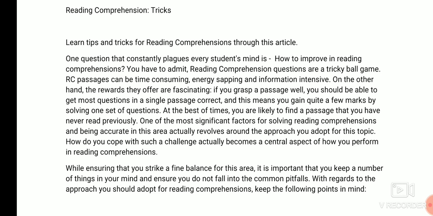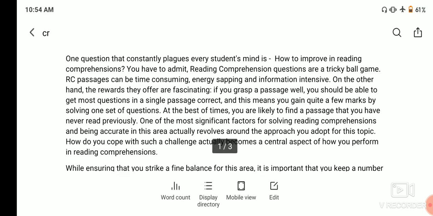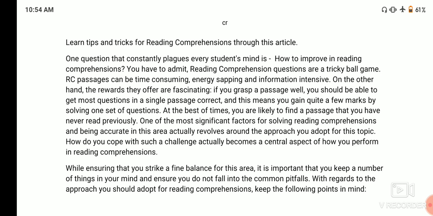At the best of times, you are likely to find a passage that you have never read previously. One of the most significant factors for solving reading comprehension and being accurate in this area actually revolves around the approach you adopt for this topic. How you cope with such a challenge actually becomes a critical aspect of how you perform in reading comprehension.